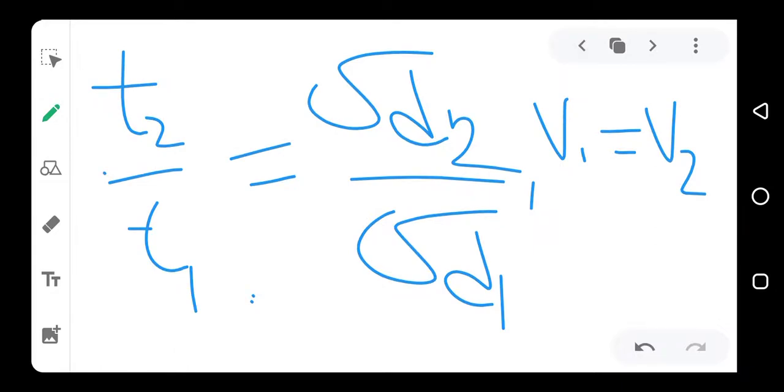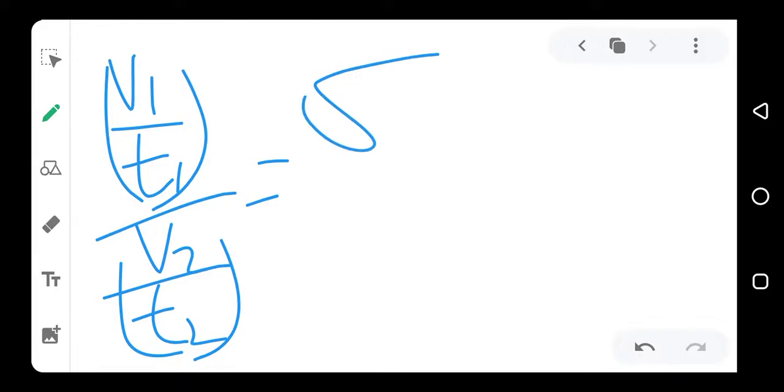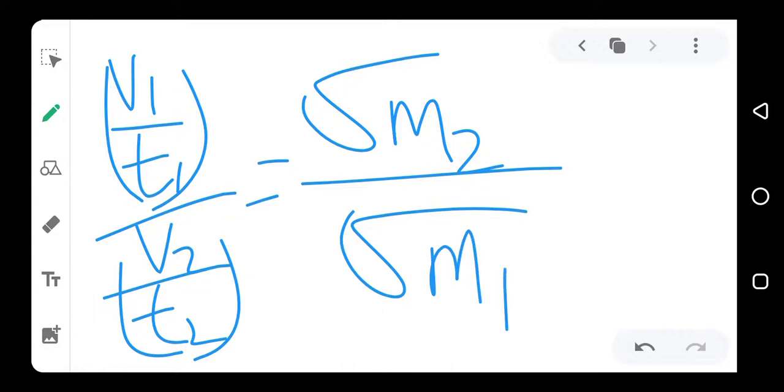When the volumes of the gases are equal and we are looking for either time or molecular mass, then we use this formula. Then when the volumes of the gases are not equal and we are also looking for either time or molecular mass, then we use this formula: V1 over T1 over V2 over T2 is equal to molecular mass of gas 2 over molecular mass of gas 1.